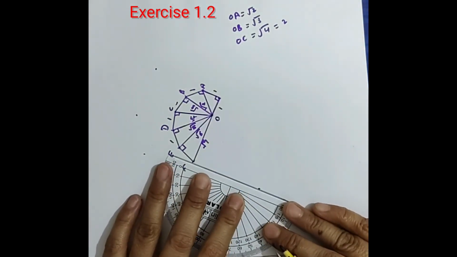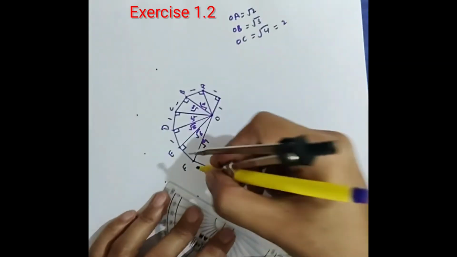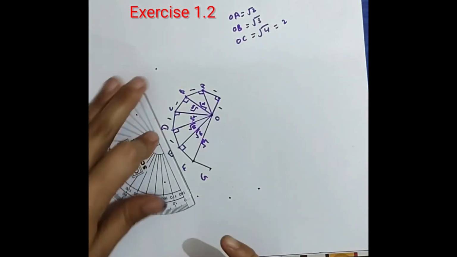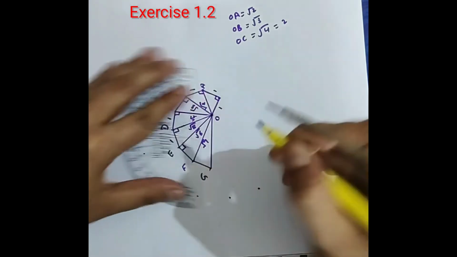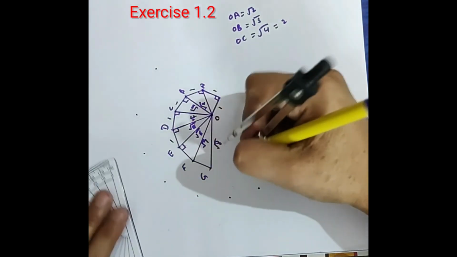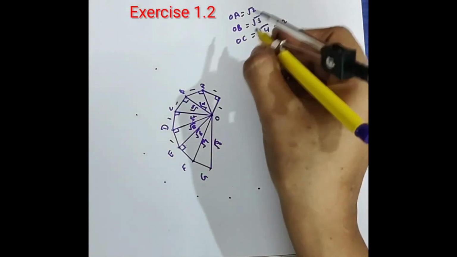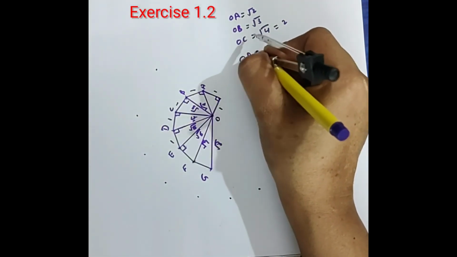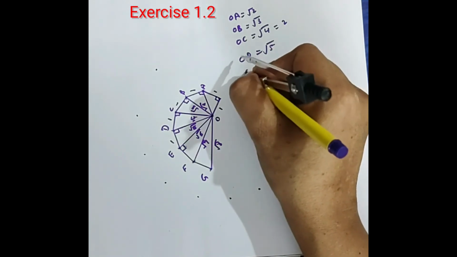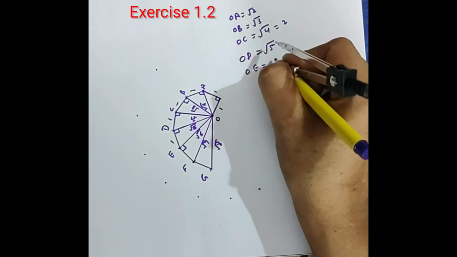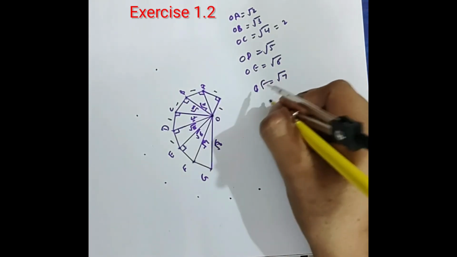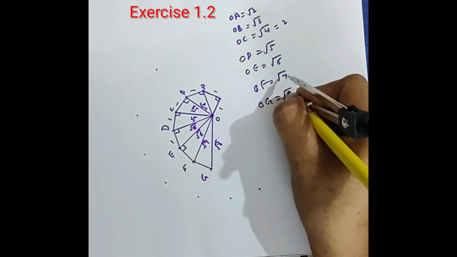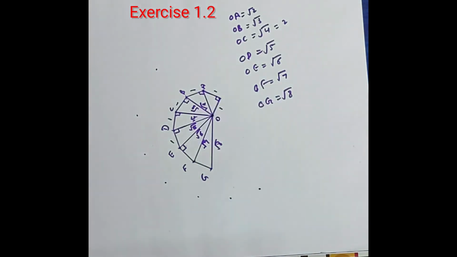Now I will mark this perpendicular point G. So if I join this O with G, I will get square root of 8, and next it will come square root of 9 like this. OD is equal to square root of 5, OE is equal to square root of 6, OF is equal to square root of 7, OG will be equal to square root of 8, and this will go on. You can complete this like this.